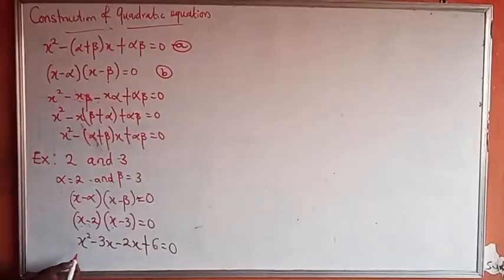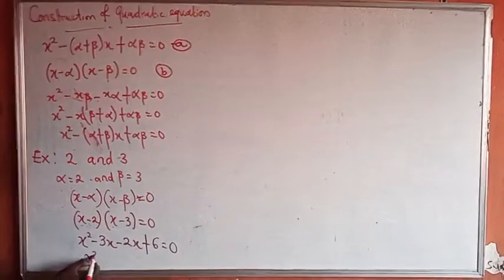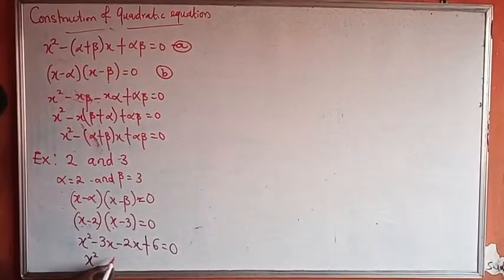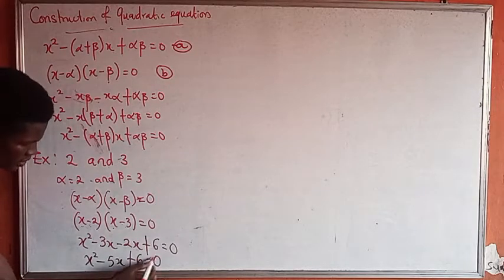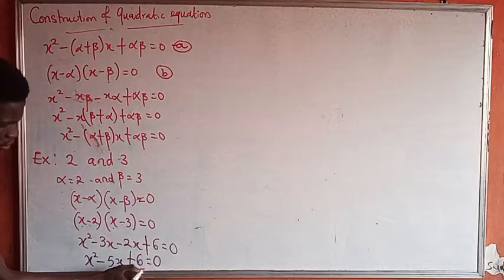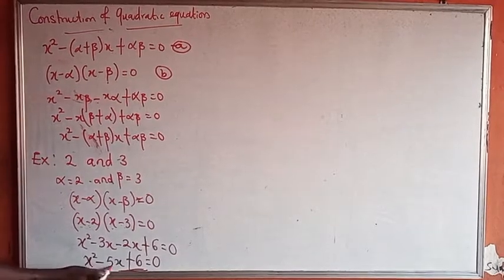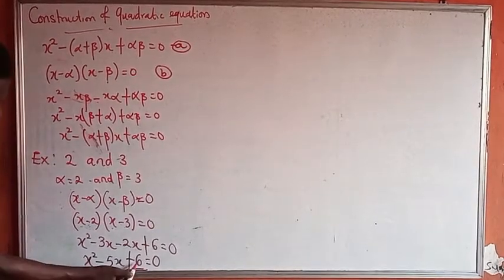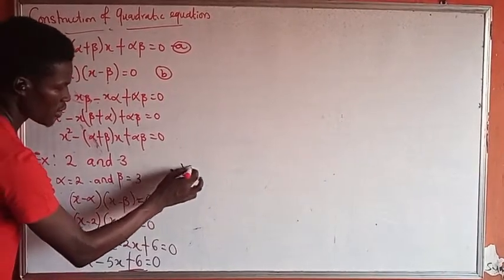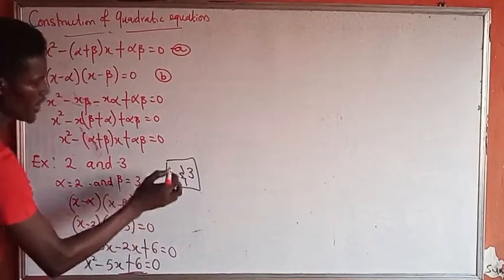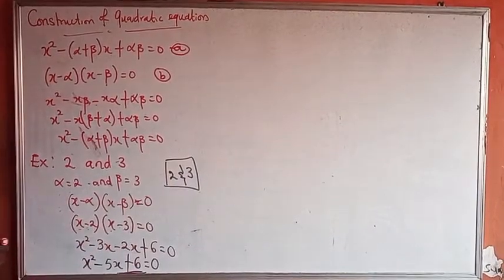So if you add up, that will give us x squared minus 3 minus 2, which is minus 5x, plus 6 equals 0. So this is the quadratic equation that is formed. If you solve this equation, your final answer will be 2 and 3. So those are the roots of this particular equation.